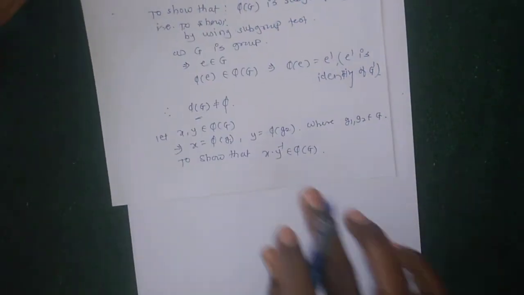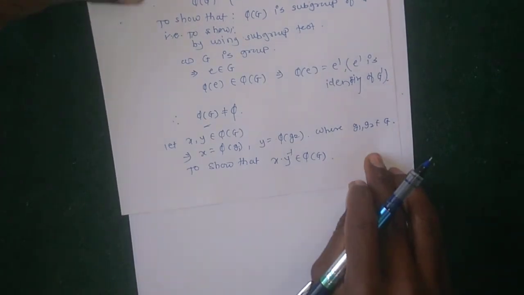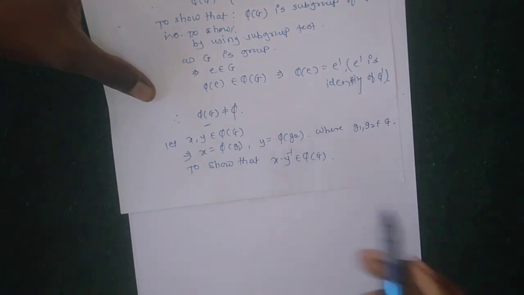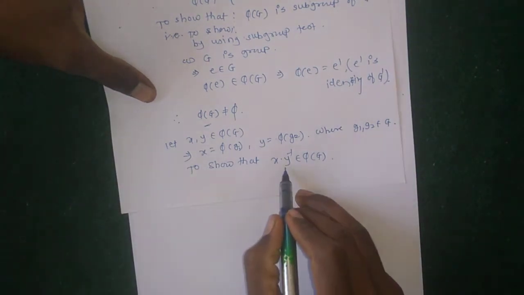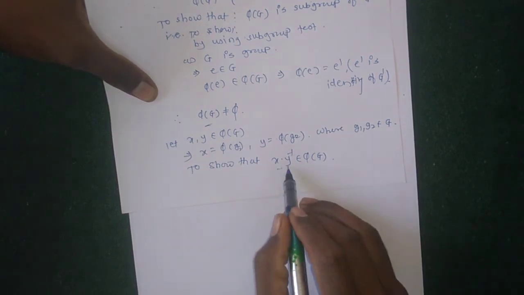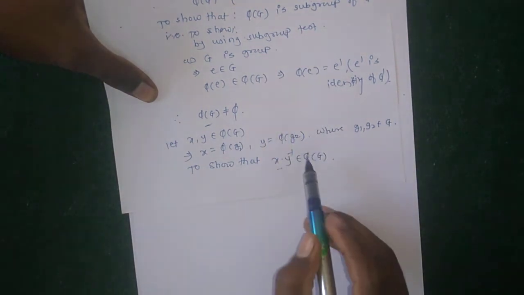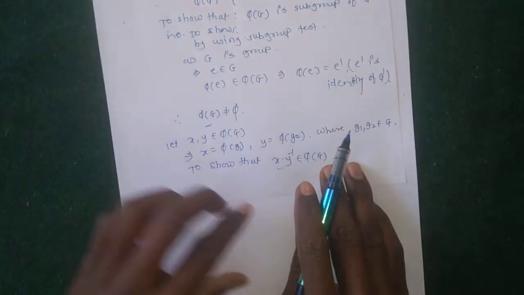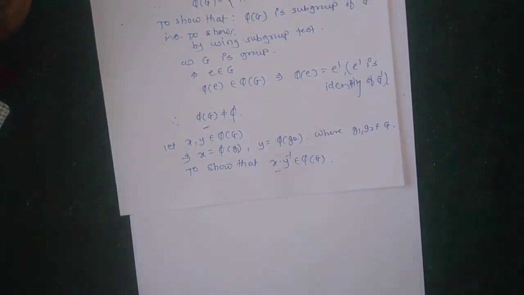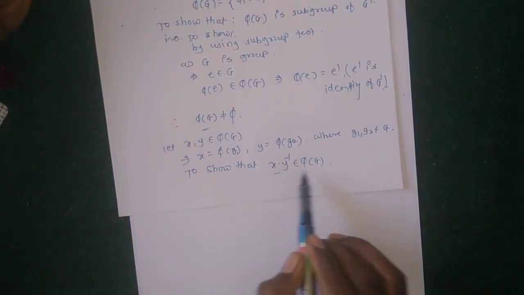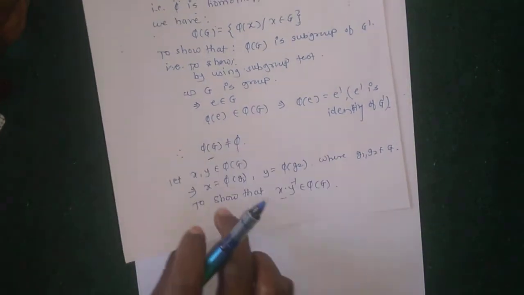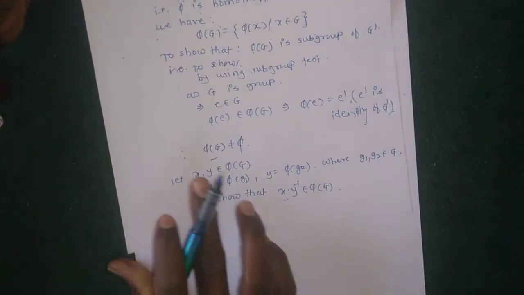Okay, using the subgroup test. Here the two-step subgroup test: AB inverse belongs to G, which is closed under the given binary operation, and the inverse element exists. So this is the second subgroup test. The two-step subgroup test says S is non-empty, and XY inverse belongs to S, where X and Y belong to the given set S. Using this subgroup test, x times y inverse belongs to phi of G. This is to show that phi of G is a subgroup of G'.